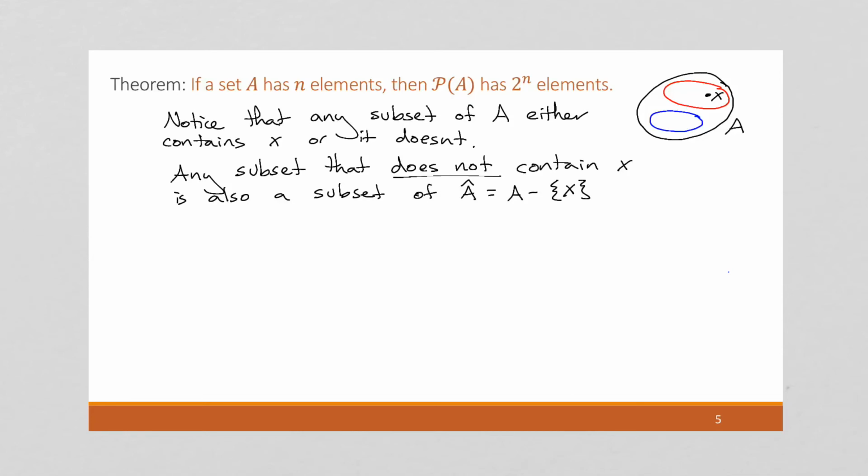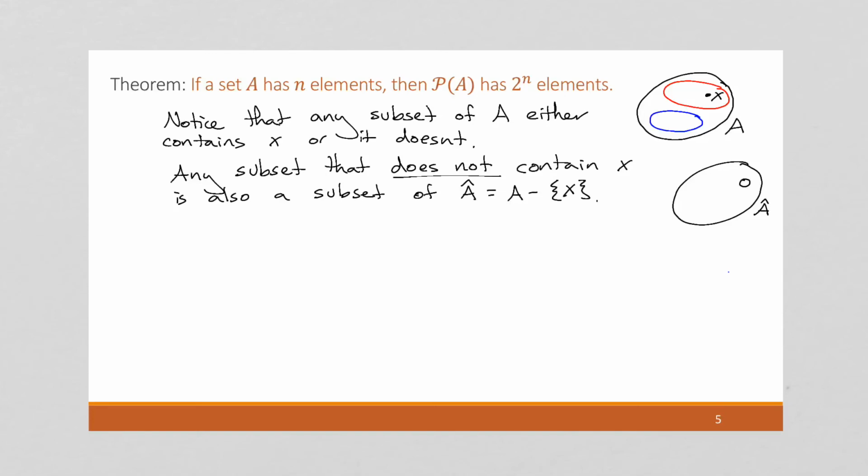Right? So A hat looks very similar to A. It's just instead of X, there's now a little hole where that X used to be. It has everything else from A, but it does not have X anymore. This is A hat.